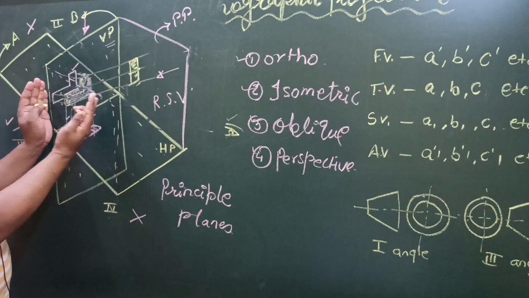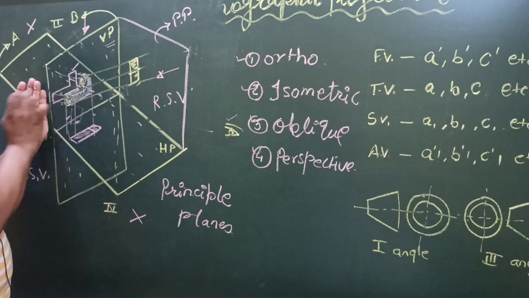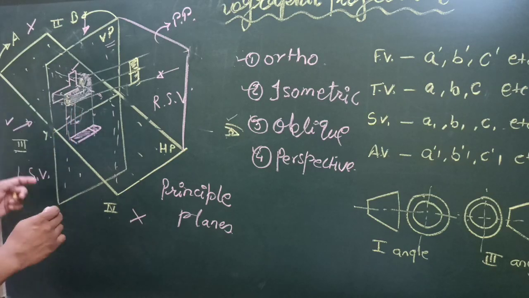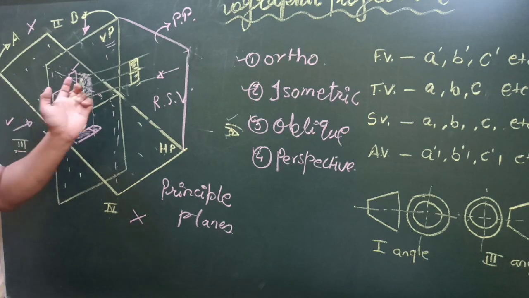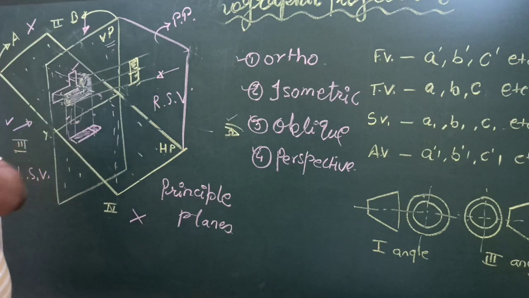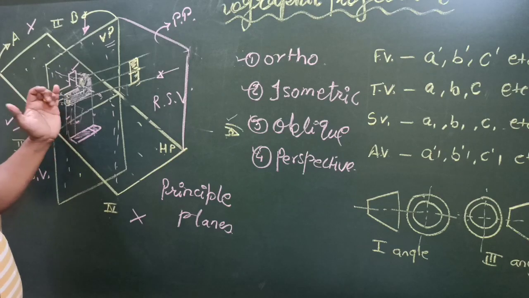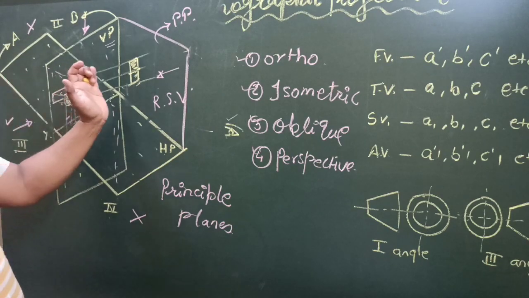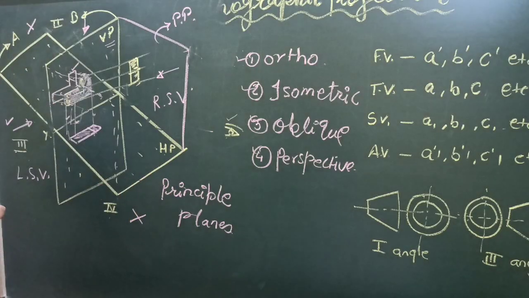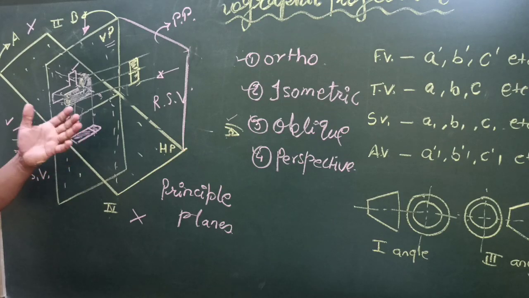So where the diagram will go, it will go to the left side of the front view, while left side views are drawn to the right of the front view in case of first angle projection, while in case of third angle projection left side views are drawn to the left and right side views are drawn to the right side of the object.